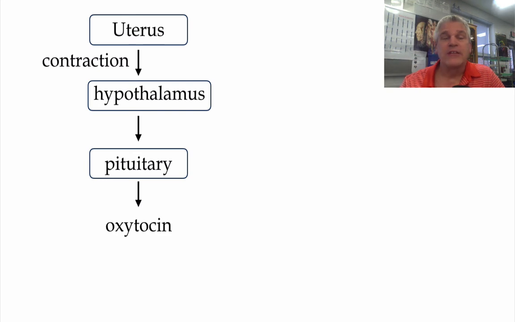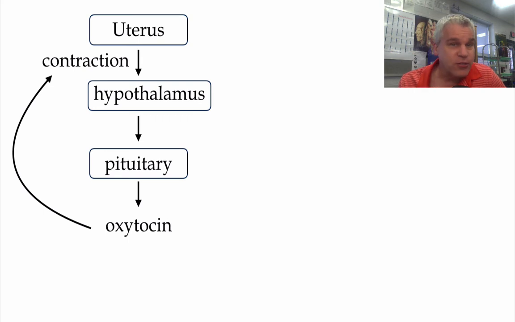The pituitary gland is going to produce another hormone called oxytocin. Now, what oxytocin does is it increases the number and the severity of the contractions as labor is continuing to progress. The more contractions that the female has, the more oxytocin she's going to make. So that is a positive feedback system, but we're not done yet.